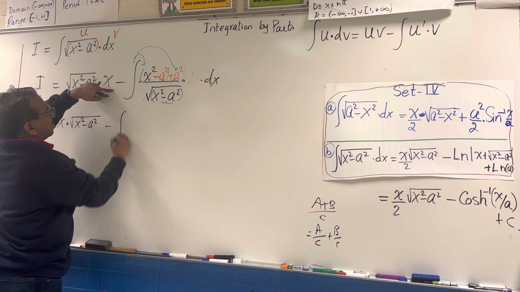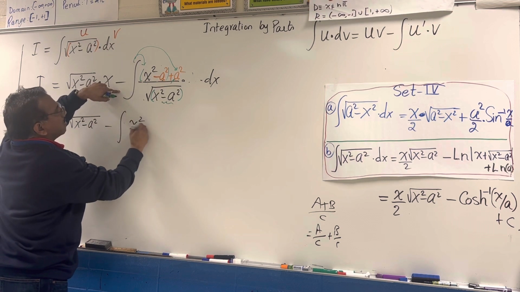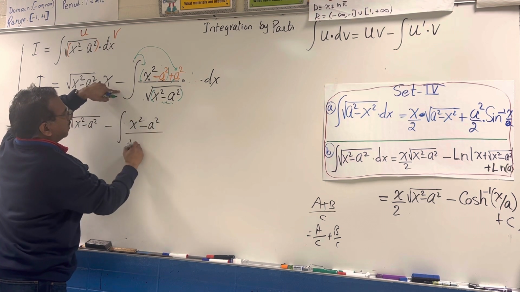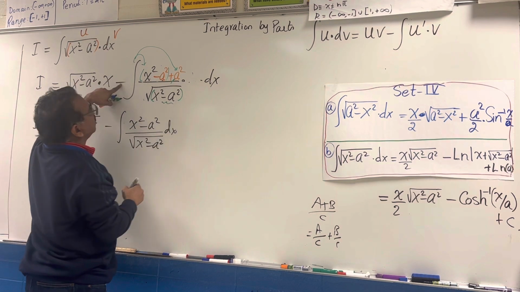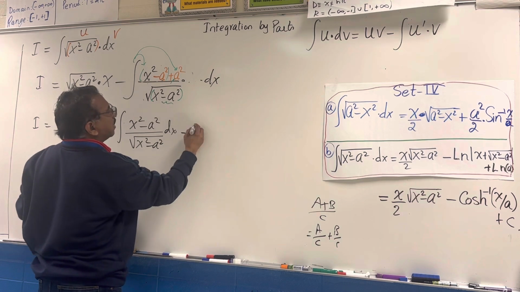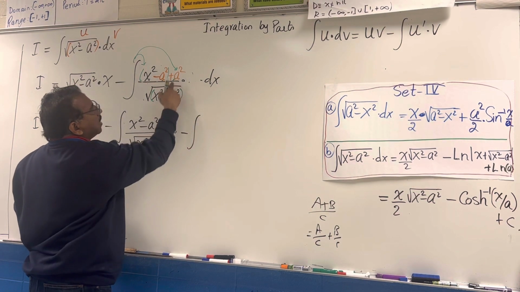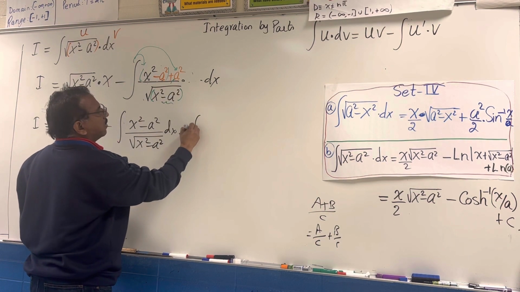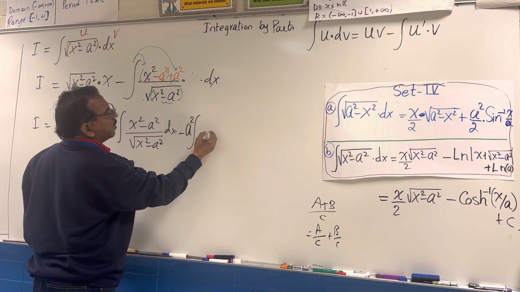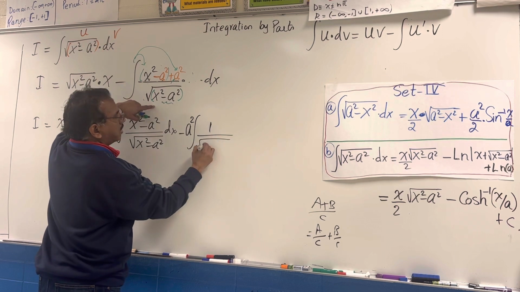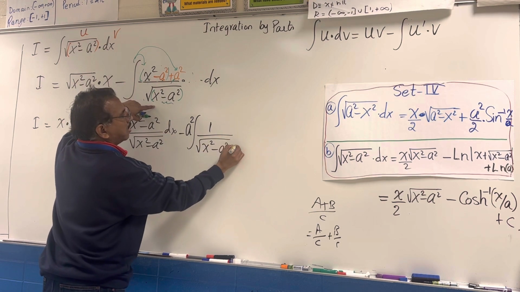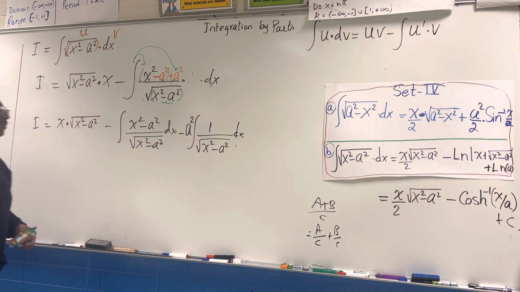So the first part is the integral of x squared minus a squared divided by the square root of x squared minus a squared dx, and then minus into plus will be minus the integral of, because that a squared is a constant, it will stay out, and this will be 1 over square root of x squared minus a squared dx, correct?